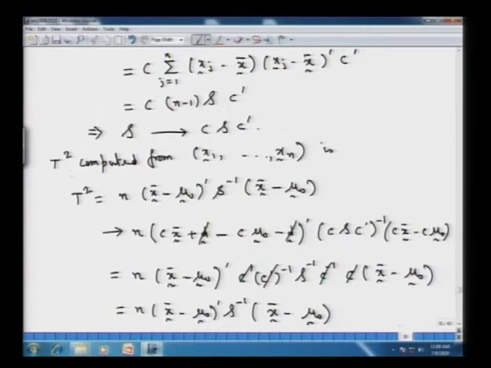What we have proved is that the T square computed from x1, x2, ..., xn is equal to the T square computed from y1, y2, ..., yn. So, the T square statistic remains invariant with respect to this non-singular transformation. That was the first important property we can say about Hotelling's T square.